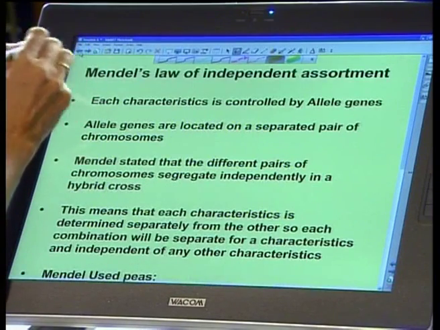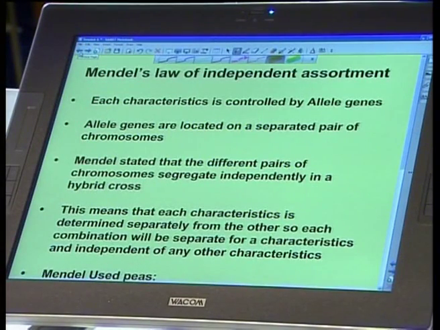All right. Now we get to Mendel's second law. And this second law is very important. What the second law says is that each characteristic and each gene for a characteristic separates independently. In other words, now think of the people that are around you. You can have people in one family where the mother has dark hair and she has blue eyes.